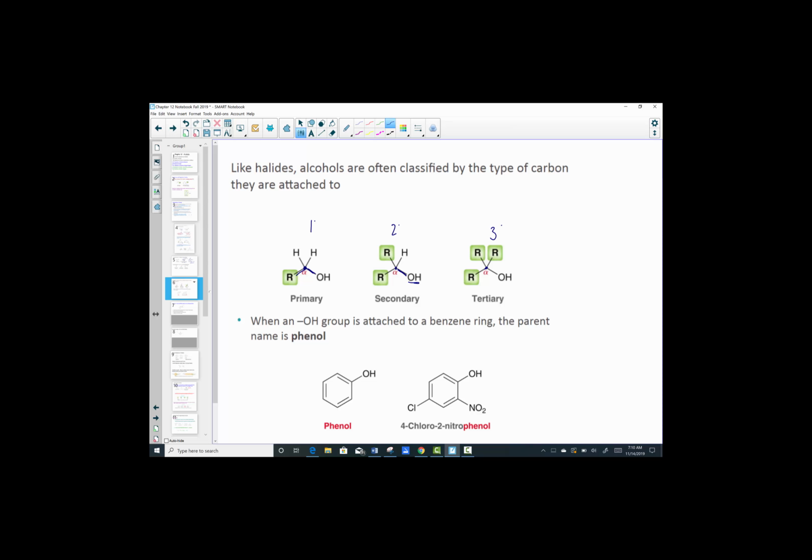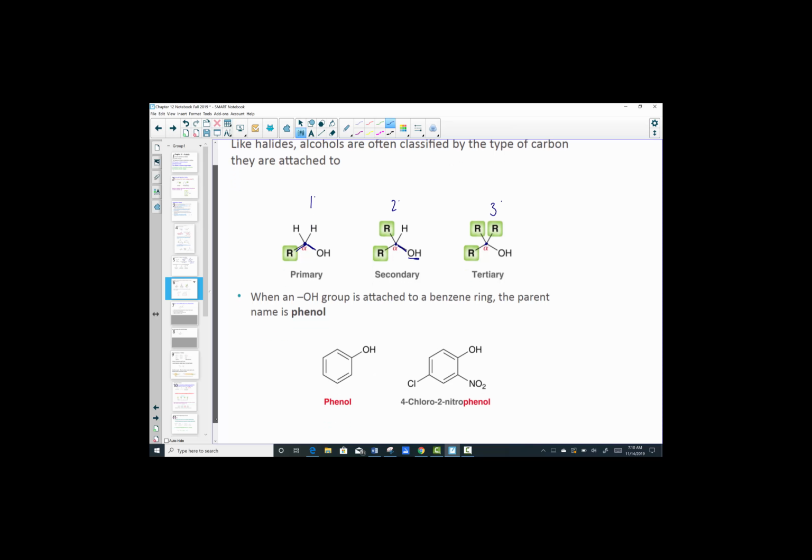And recall that when an OH is attached to that benzene ring, the parent name becomes phenol. So here, for example, carbon number 1, because the alcohol always gets precedence. At carbon number 2, we have a nitro group, and at carbon number 4, there is a halogen of chlorine. Listing them alphabetically, chloro comes first, nitro would be second, and the base name is phenol.